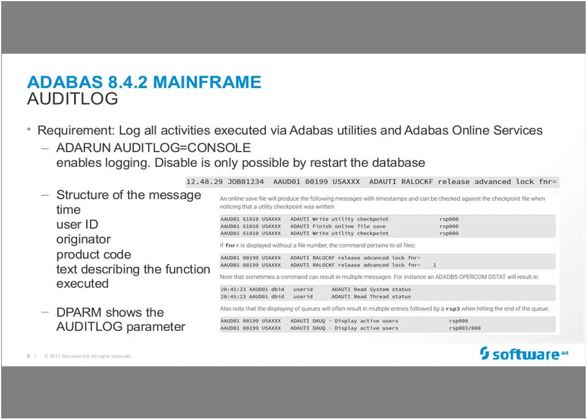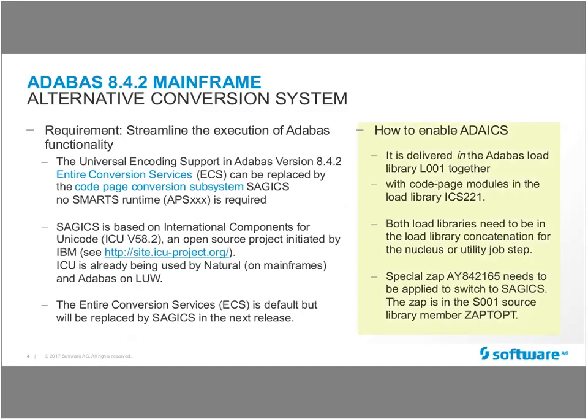And of course, the DPAM parameter display of Adabas now shows the new audit log parameter. Another new functionality is a replacement to streamline the execution of Adabas. When you have universal encoding on, then you know that you need the universal encoding system, what we call Entire Conversion Services, ECS.